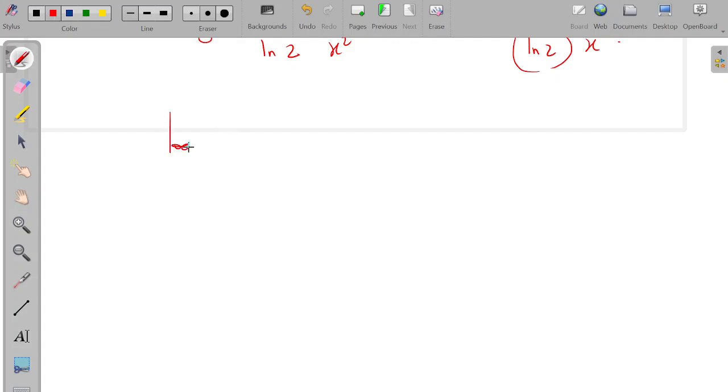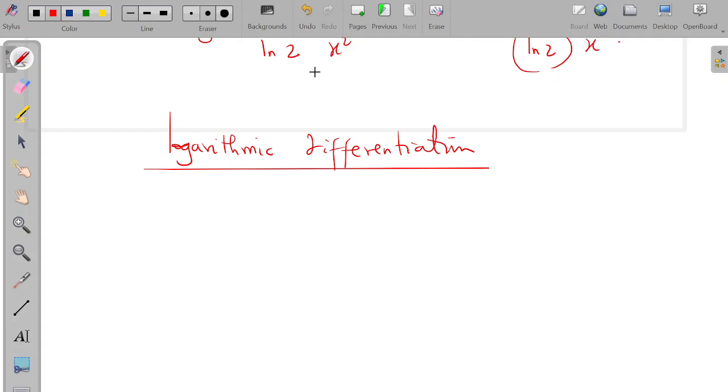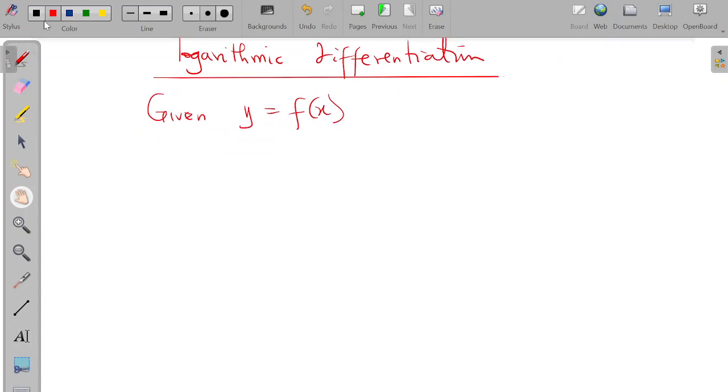So when we are talking about logarithm differentiation, we take the following steps. Given y equals f of x, step number 1 is that we take the natural log of both sides.